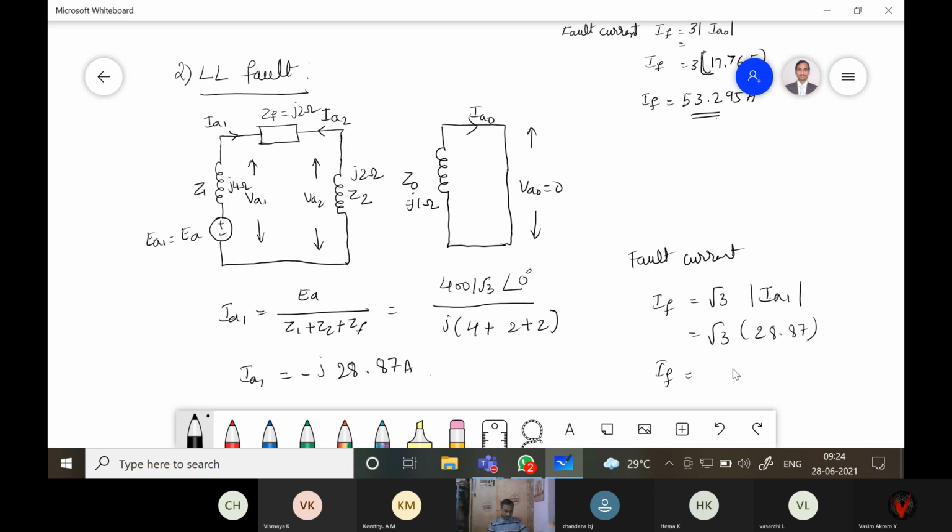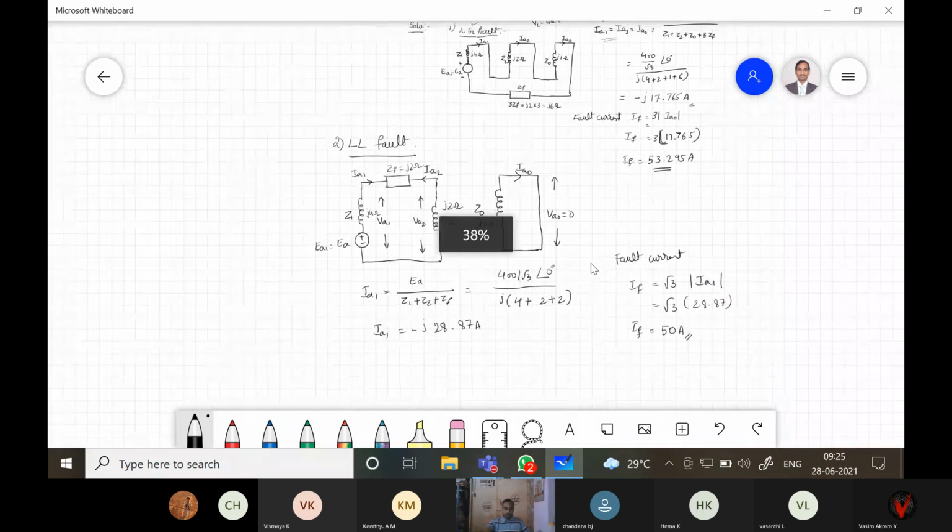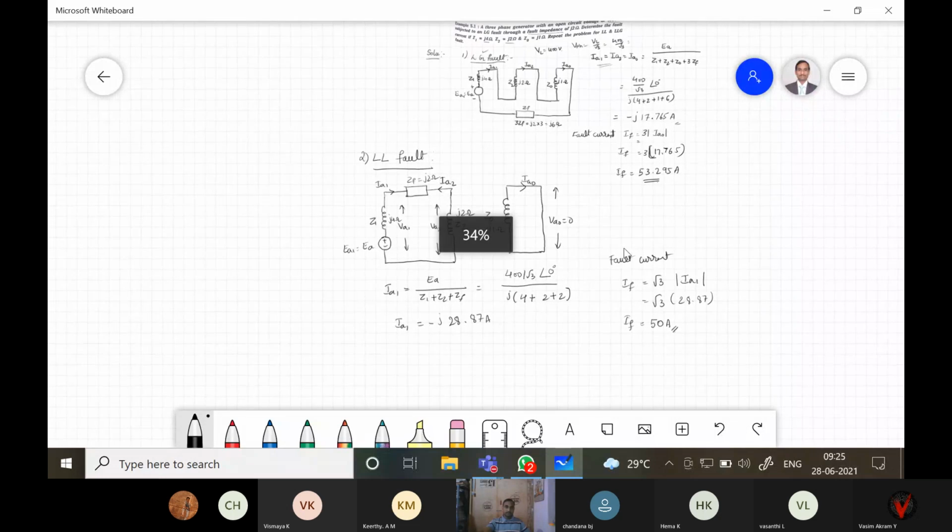So what is that IF value? We will get 50 ampere, right? All of you got the answer? Yes, sir.